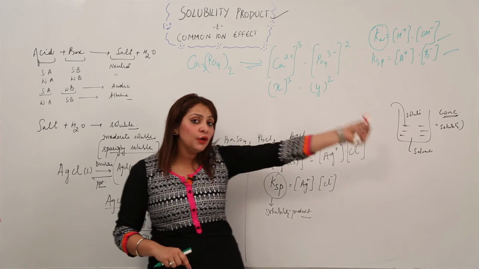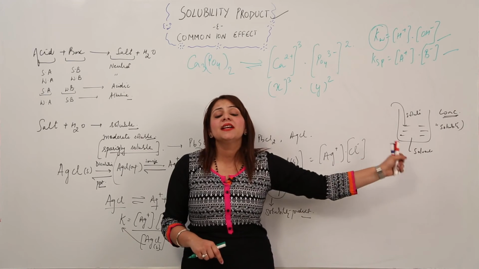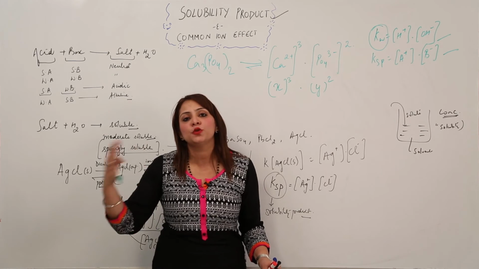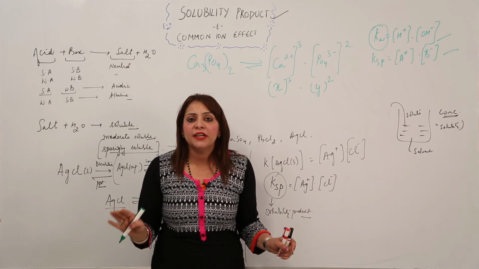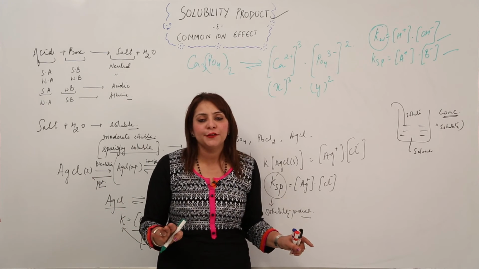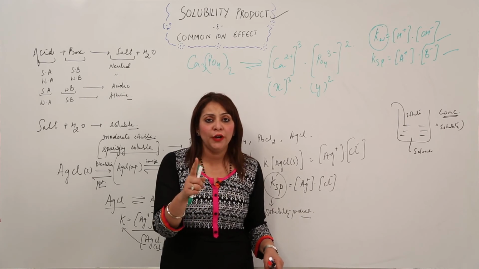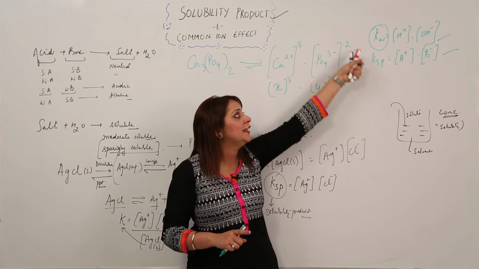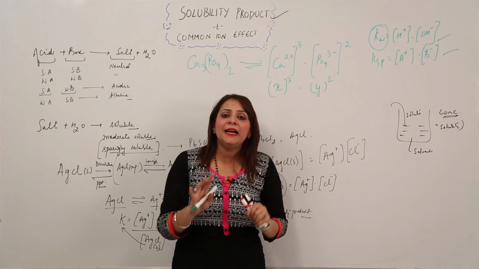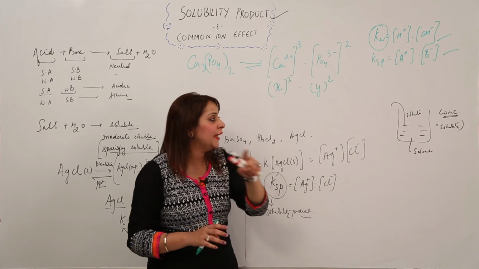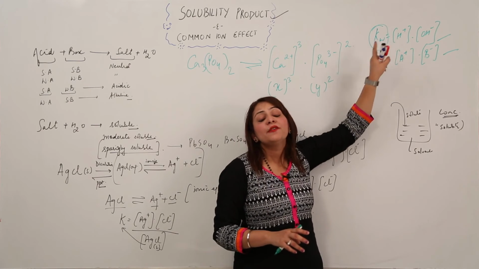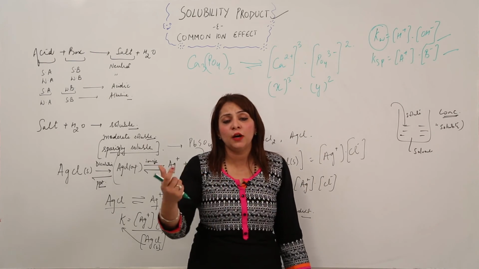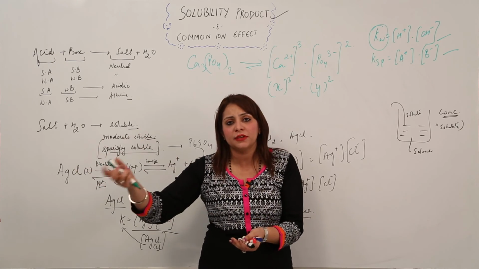But when we talk of the ionic product, it is applicable to all kinds of solutions, whether saturated, unsaturated, supersaturated, or anything else. So this is the first point. Again I am repeating, Ksp is valid only for saturated solutions, and the ionic product is valid for any kind of solution we take into account. Don't get confused with this Kw. It was just to show you that like the ionic product of water, we can work out the ionic product for any compound, any weak electrolyte.